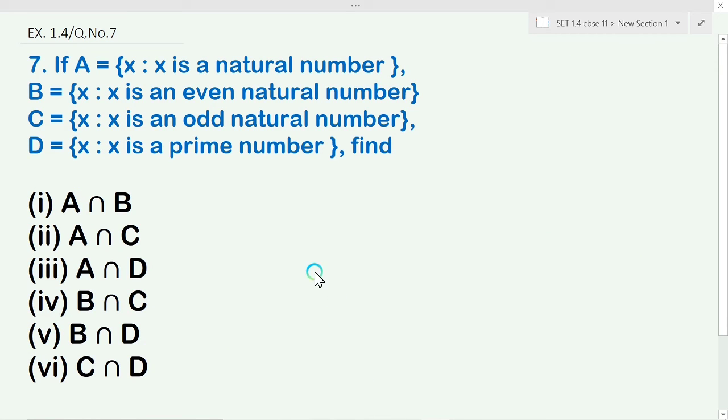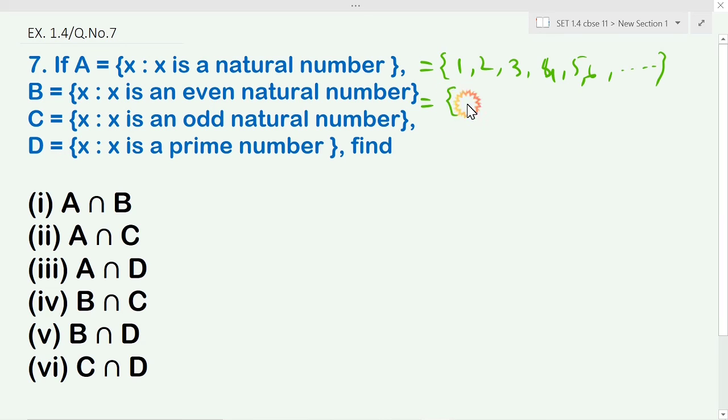Now question number 7. A equals the set of x such that x is a natural number. Since x is a natural number, the set will be 1, 2, 3, 4, 5, 6, and so on. B: x is an even natural number.